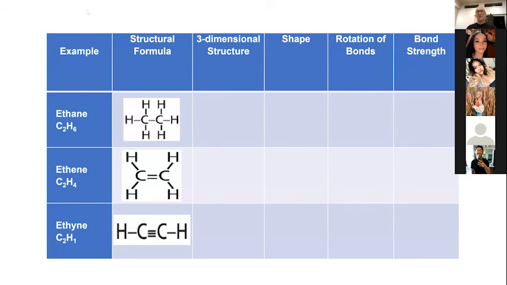Can the bonds freely rotate? And you can show that, like I said, by making the model. Double bond doesn't rotate. If we turn these into single bonds, you can see we can freely spin this around, whereas you can't do that with a double, and you certainly can't do that in a triple.